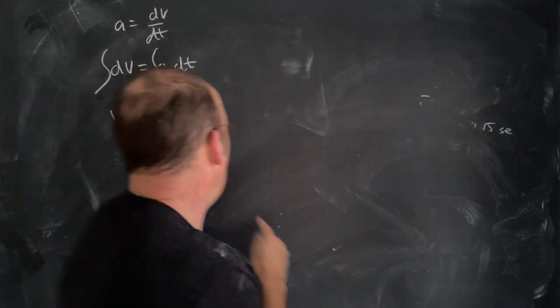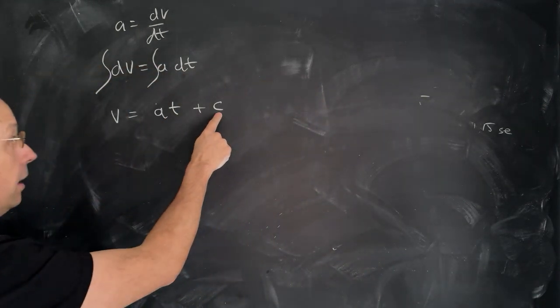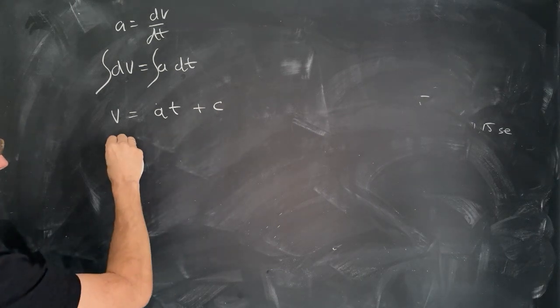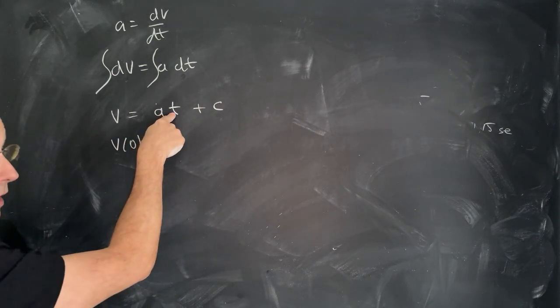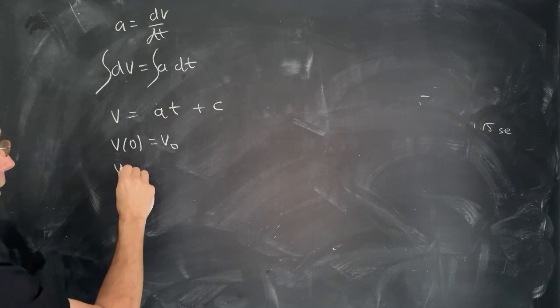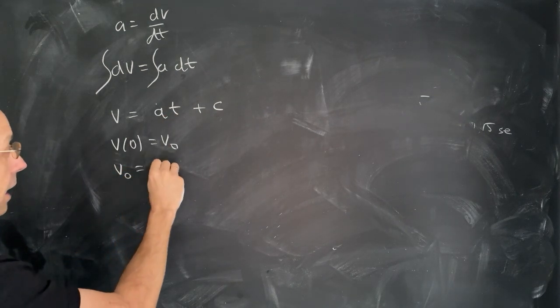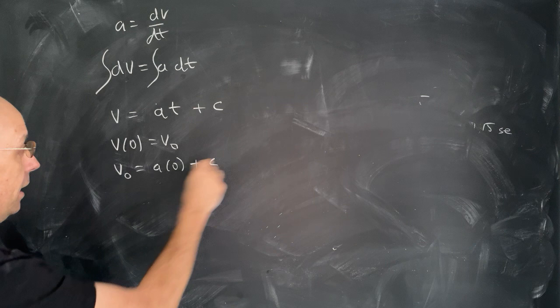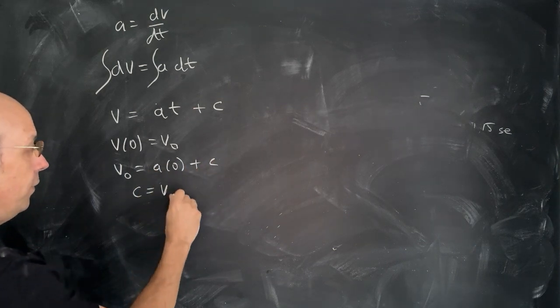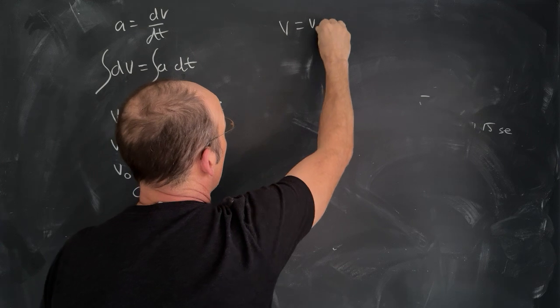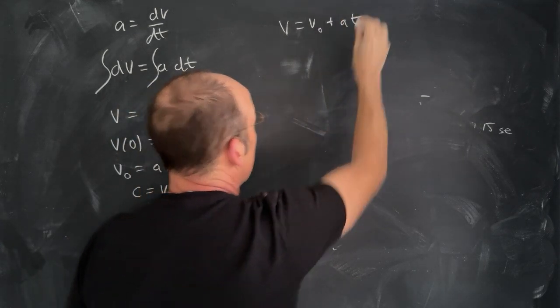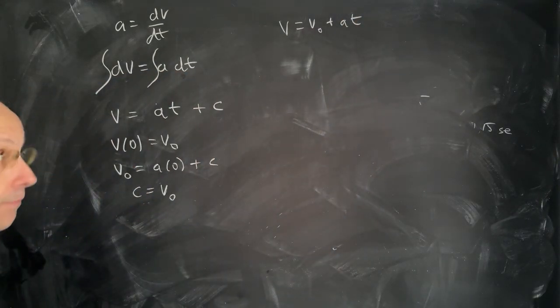Now I can solve for that constant by saying v at t equals 0 is v0. So v0 equals a times 0 plus c, so c equals v0. So now I have v equals v0 plus at, which is what we had before.